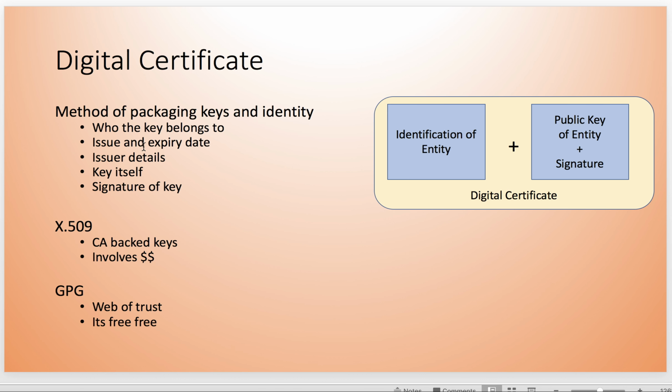All right. Now, what is a digital certificate? Remember, in my first two cases, we created a public private key pair. Now a digital certificate is a way of packaging keys along with the identity of the individual, along with details of the individual, plus the issuer details, whoever has signed that key, as well as the key itself, the public key itself, and a signature of the key.